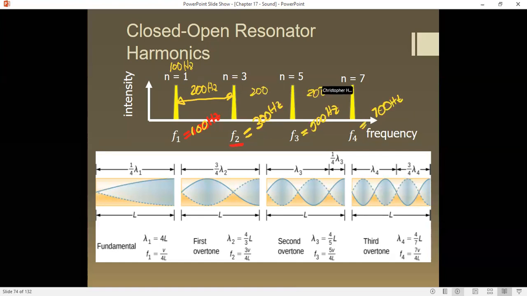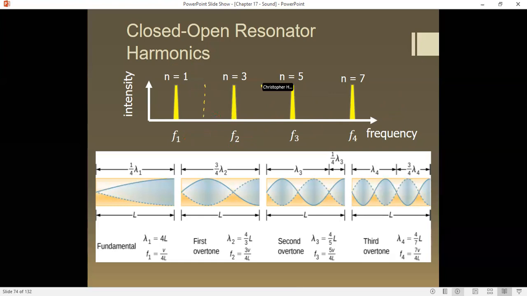Very interesting, and we'll see that this has a very important effect in some woodwind instruments like the clarinet, where it's actually missing places where you would expect a harmonic. This leads to a warmer sound because some of these other harmonics are missing, putting more energy into the fundamental.